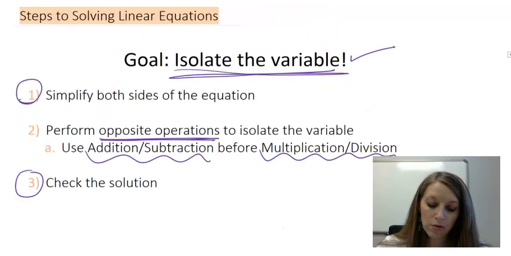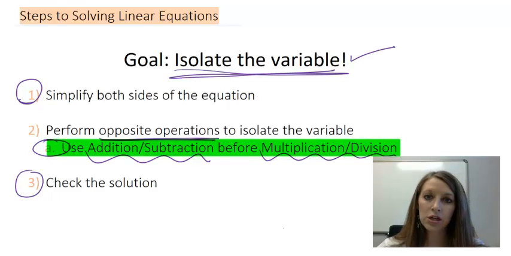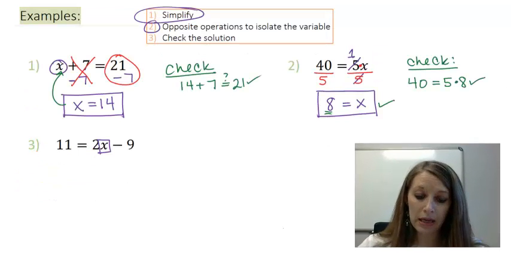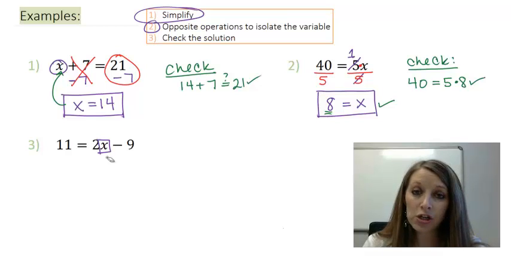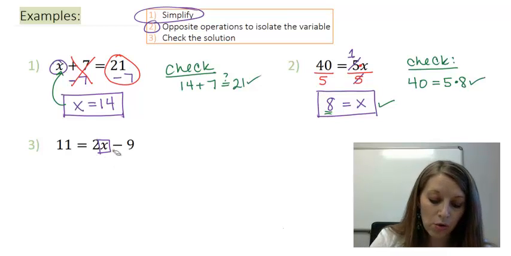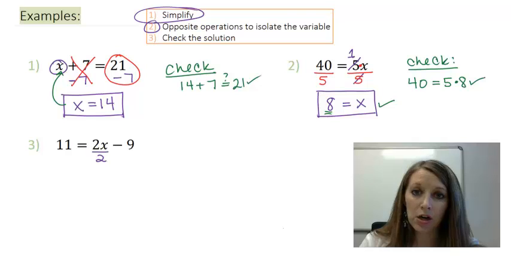Now, when we were looking through these steps last time, I told you that you need to use the addition and subtraction property before you multiply and divide, and let me prove to you why here. If I wanted to isolate my x by first getting rid of that 2, I would have to divide by 2, which seems pretty easy here.